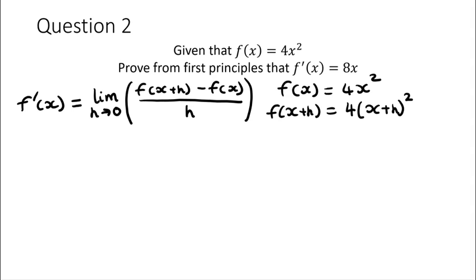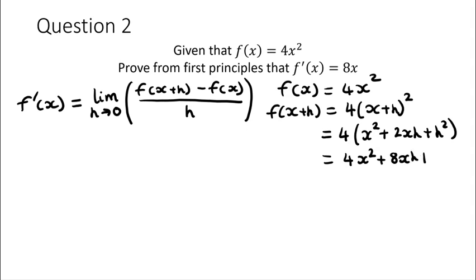Because you need to make sure that you're squaring all of the x plus h, and then timesing it by 4. Not doing 4x plus h in a bracket all squared. Doing x plus h squared and then timesing it by the 4. So, expand out the x plus h.